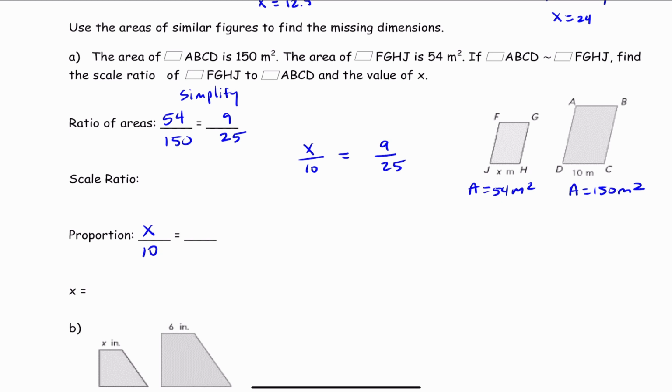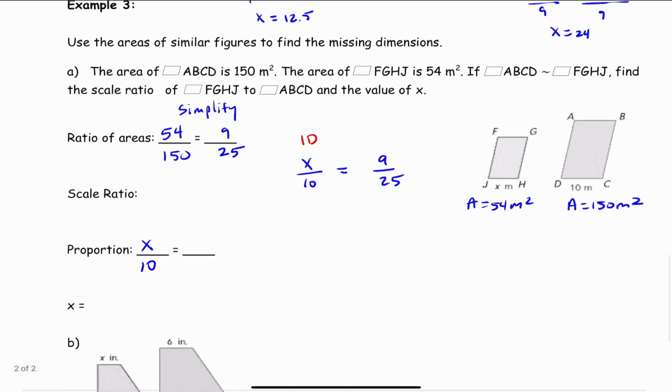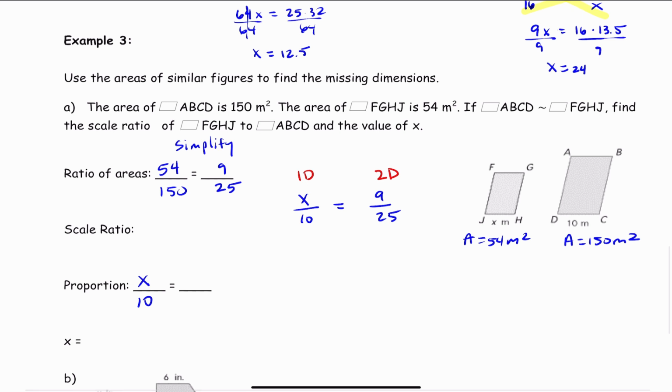This x over 10 is one-dimensional, and then this 9 over 25, that was the ratio of this area, right? But it got reduced to 9 over 25. But still, this is two-dimensional. So what do you think I'm going to do with these two ratios here? I'm solving for x, right?